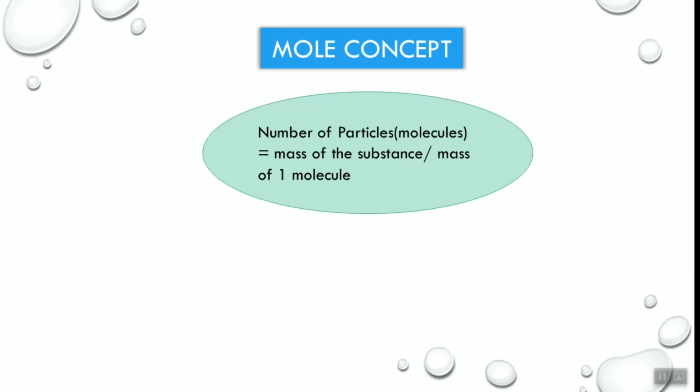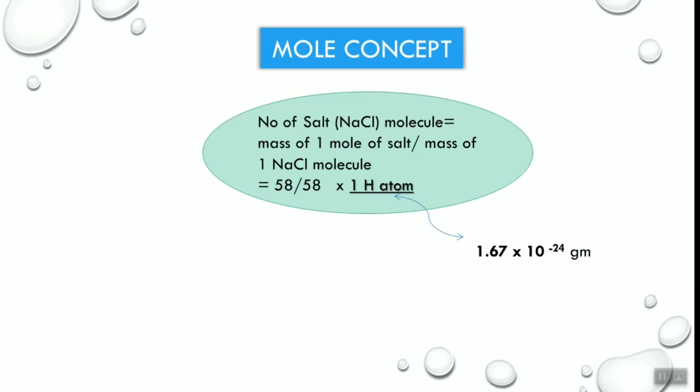Now the mole concept by the number of particles. How can we calculate the number of particles of that molecule? The number of particles of that molecule is calculated by the mass of the substance divided by the mass of one molecule. Let's calculate for salt.